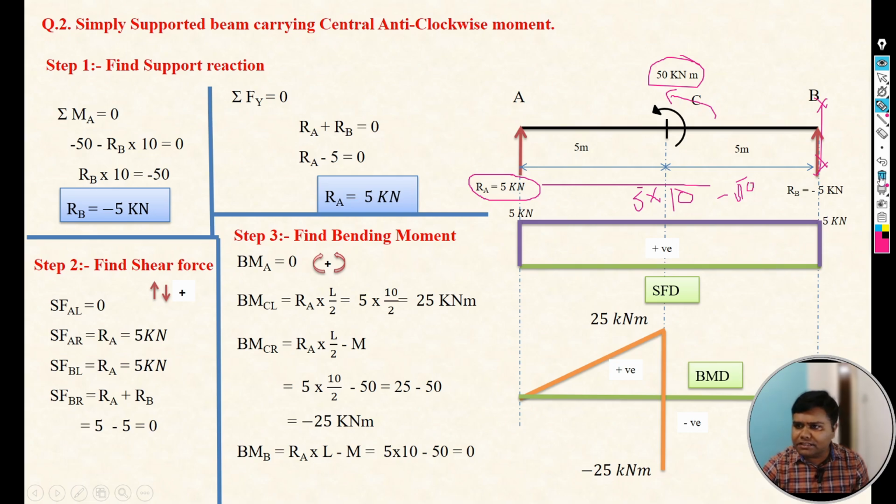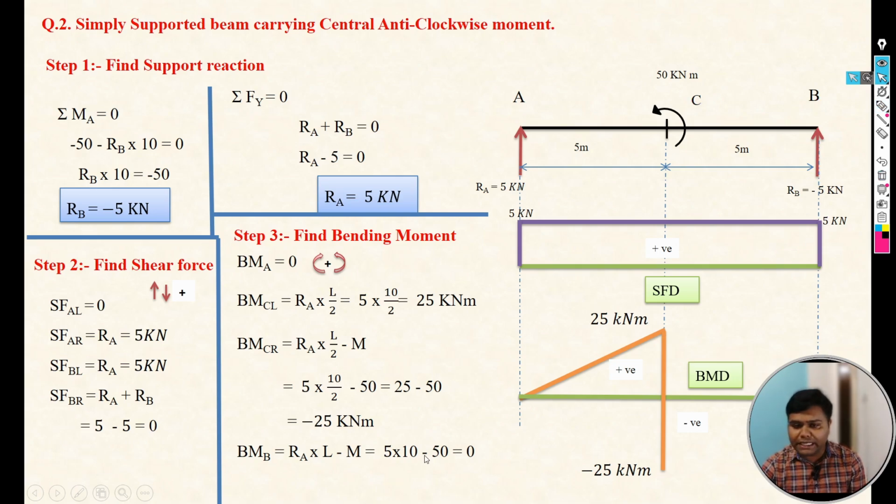Here we can see the moment at B point is 5 into 10 minus 50, so 50 minus 50, it is 0. So your bending moment diagram will close at that point, okay.